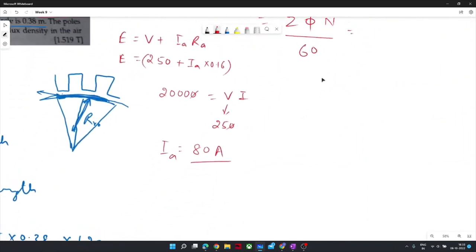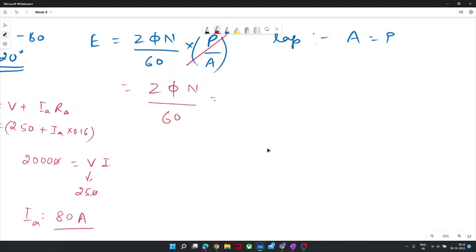And with the help of this, we can compute E, and E will come out to be 250 plus 80 into RA, that is 0.16, and this E value will come out to be 262.8 volts.